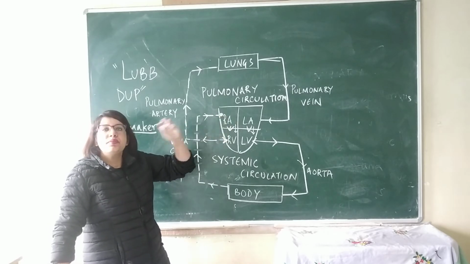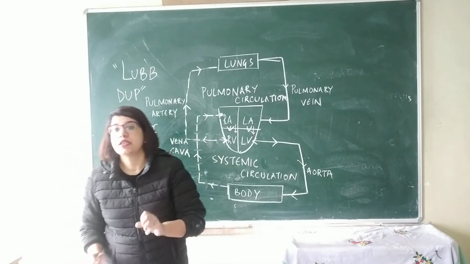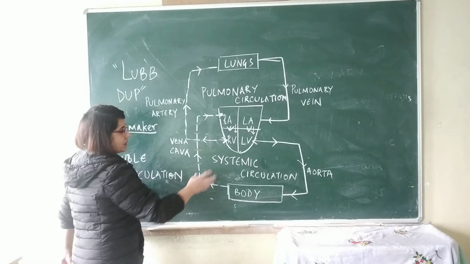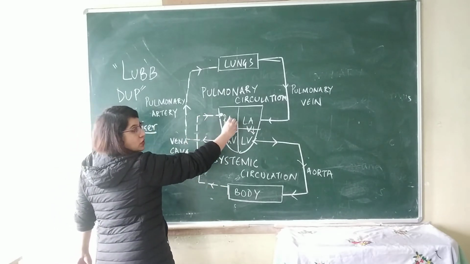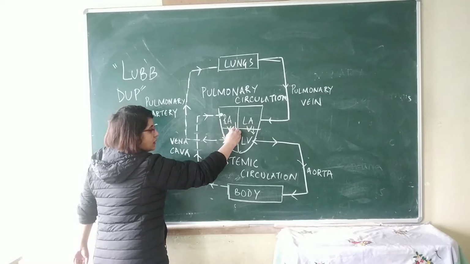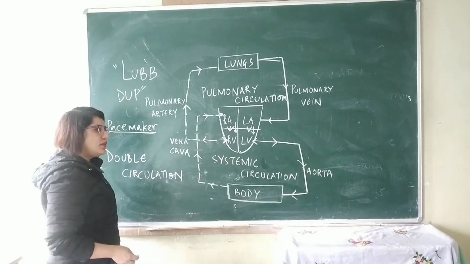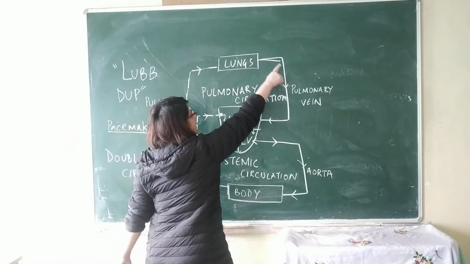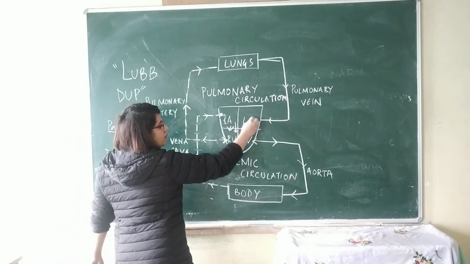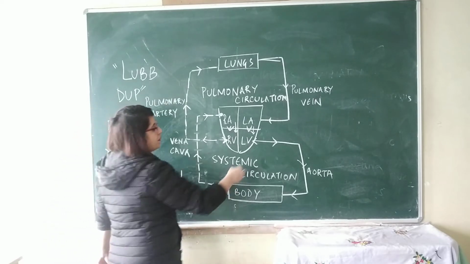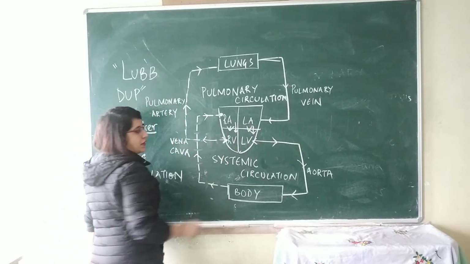So once the pacemaker initiates the heartbeat, what happens is, now the vena cava brings blood to the right auricle, we know that. This blood enters the right ventricle. Similarly, at the same time, the pulmonary vein will be bringing oxygenated blood to the left auricle and it will be entering the left ventricle.